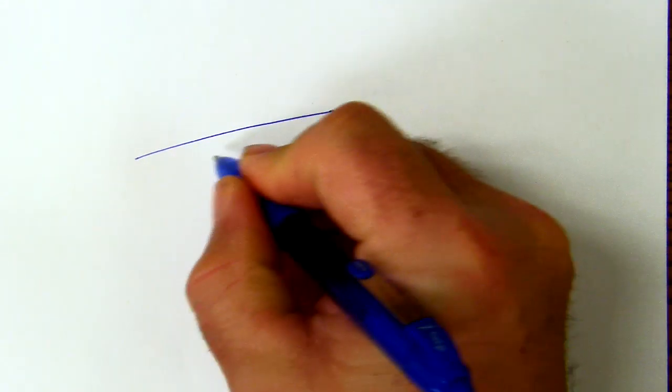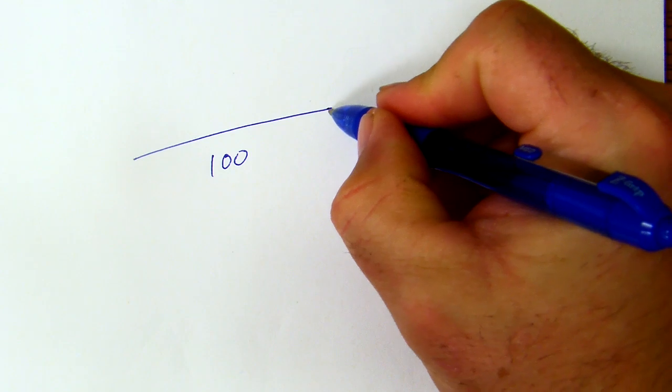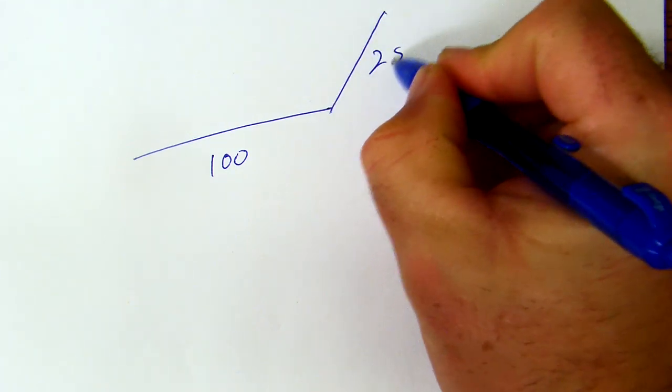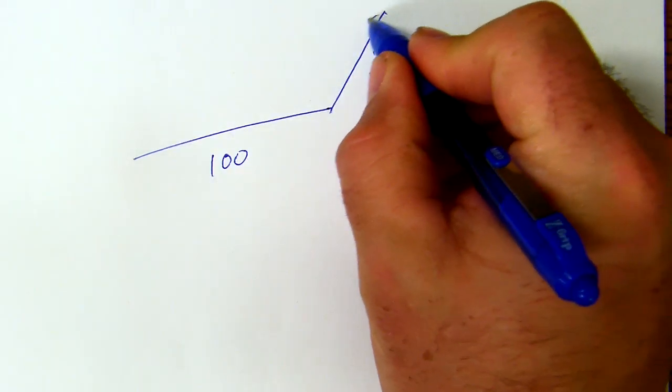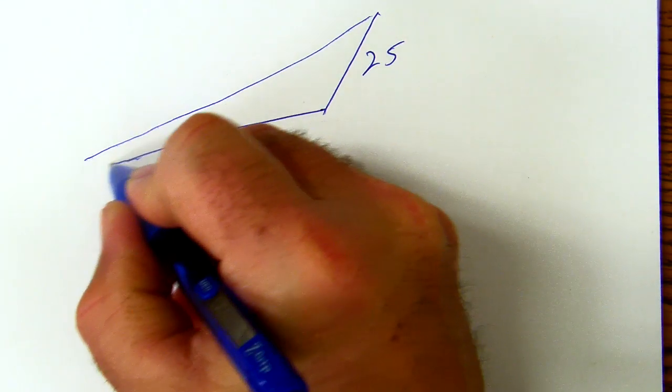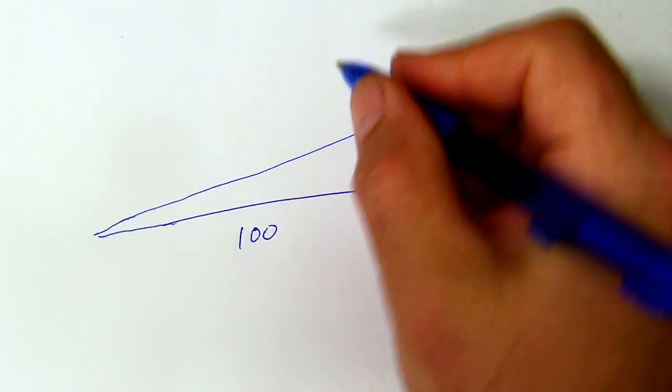If I were to run 100 yards this way and then 25 yards this way, and then the question is, how far back do I have to run?